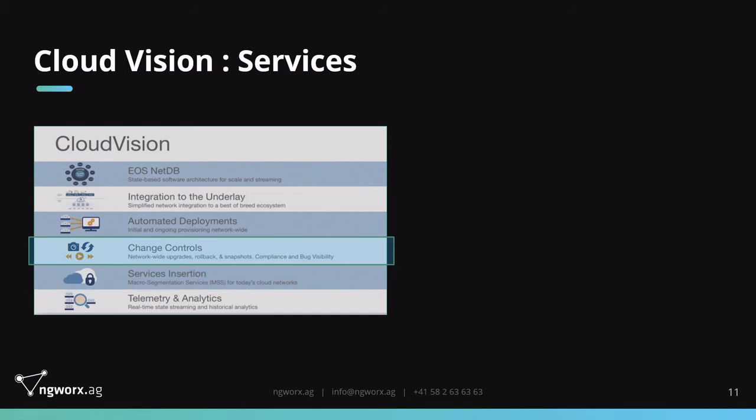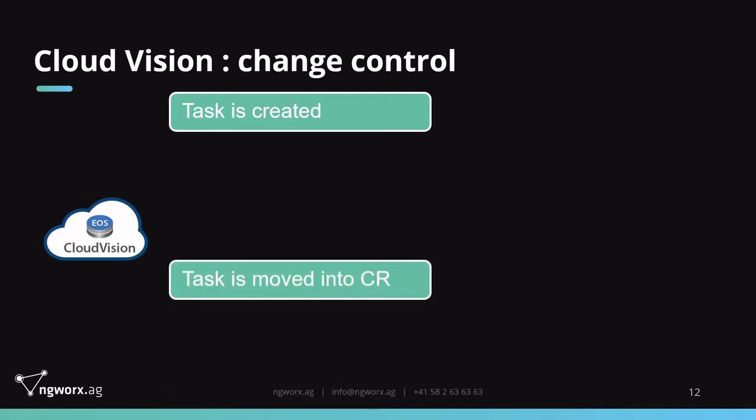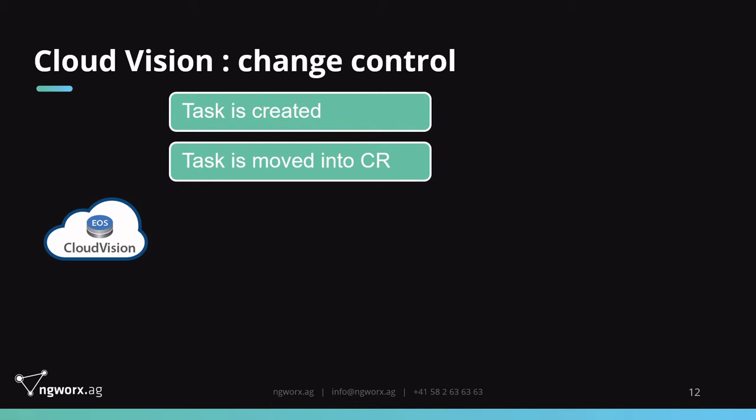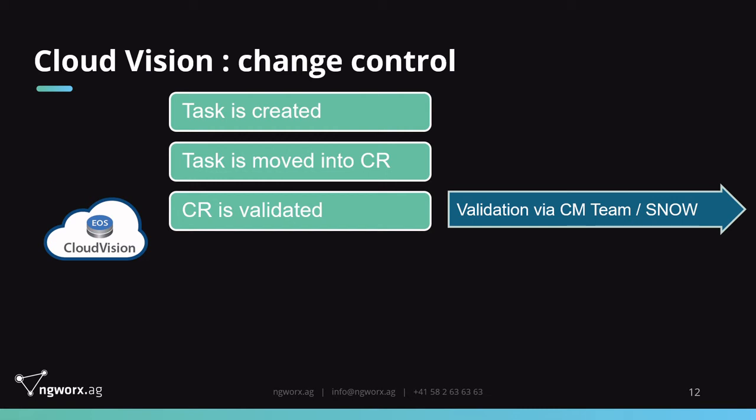Let's review the change control mechanism integrated in CloudVision. Every operation performed by CloudVision on the network is associated to a task. For a task to be performed, it has to be embedded inside a change request. And for a change request to be executed, there has to be a validation process. The change validation process is performed by a change management team, and it can be requested via ServiceNow.